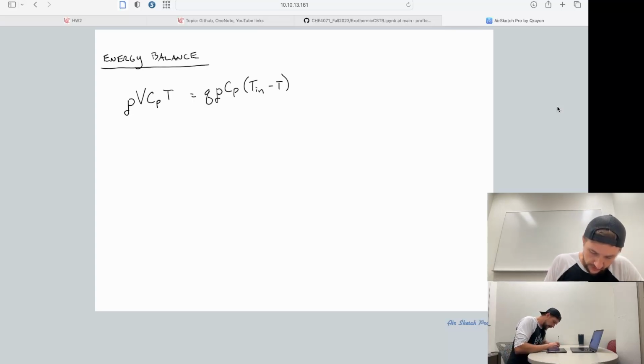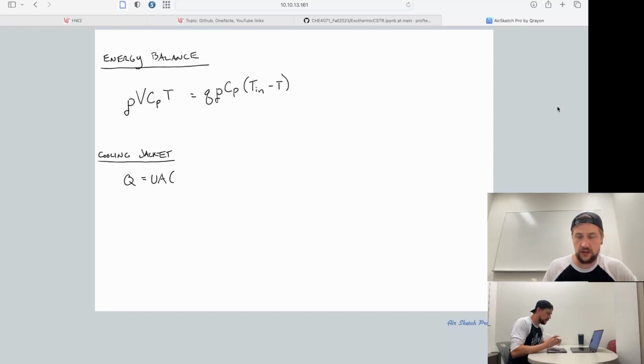Now with the cooling jacket, our heat transfer is equal to the heat transfer coefficient UA multiplied by the delta T. So the temperature that is currently in the CSTR minus the coolant temperature within the cooling jacket.